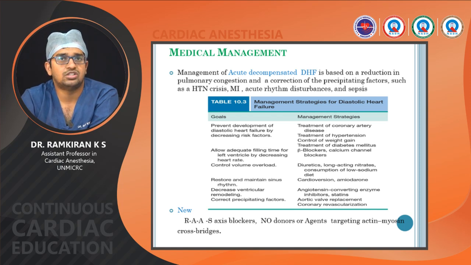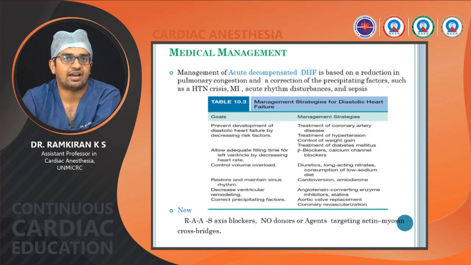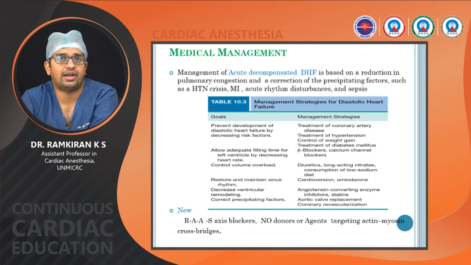So what are the goals? Prevent development of diastolic heart failure by decreasing the risk factors, allow adequate filling time for the left ventricle by decreasing the heart rate, control volume overload, which is important, restore and maintain sinus rhythm, decrease ventricular remodeling and correct the other precipitating factors. So what are the various management strategies?